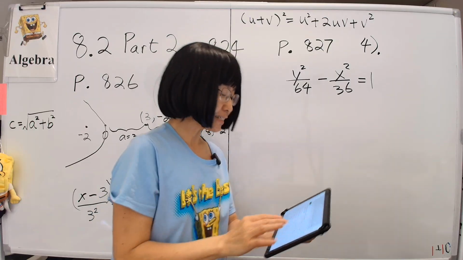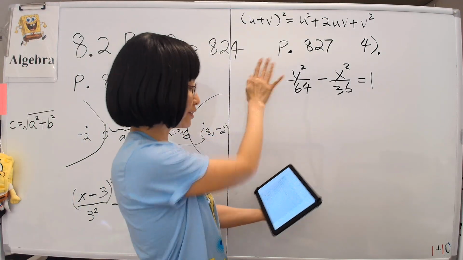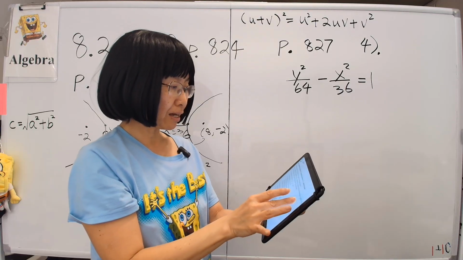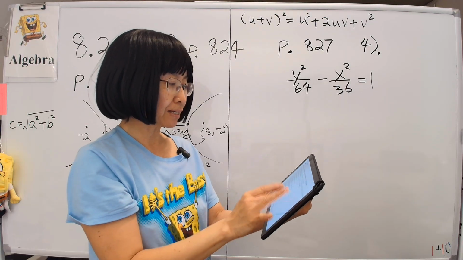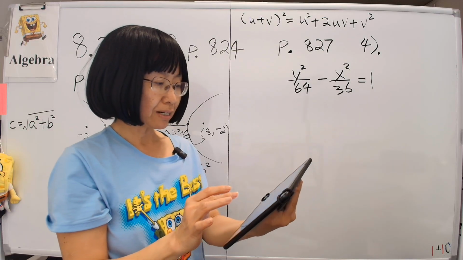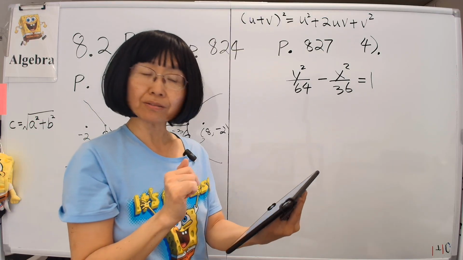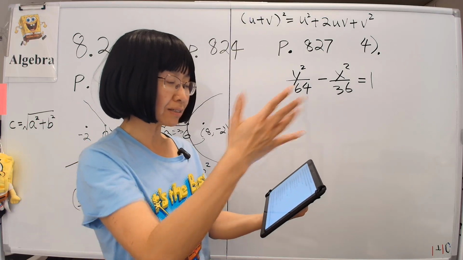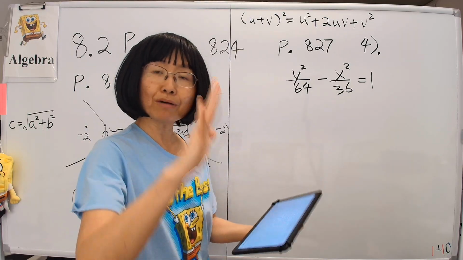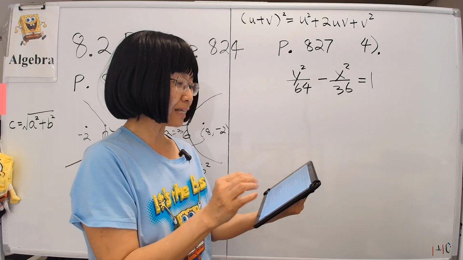So next, let's look at page 827, example 4. But before we do that, let's look at the gray box where we have to focus on certain information. What matters here is the equation of the asymptotes, because the asymptotes show us basically the guideline of how wide or narrow the hyperbola is.